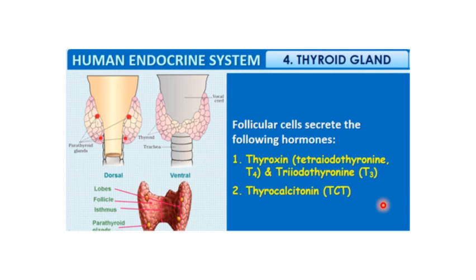The follicular cells secrete thyroxine, that is T4, and triiodothyronine, that is T3. They also secrete TCT, that is thyrocalcitonin. These are the hormones which regulate metabolism in our body.